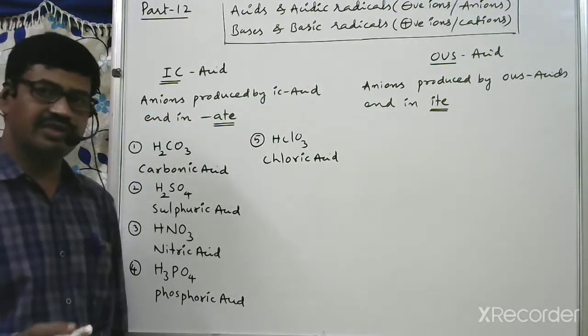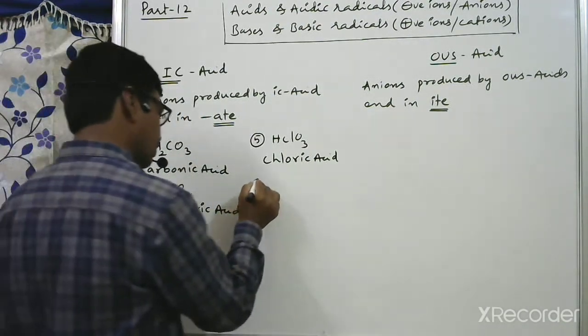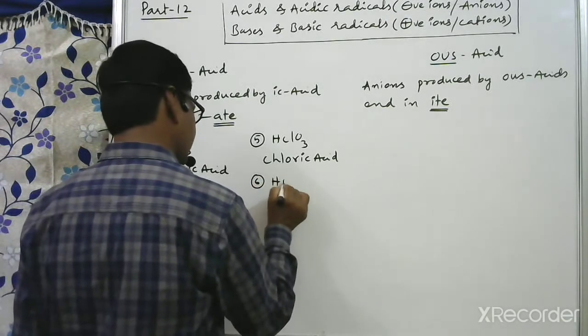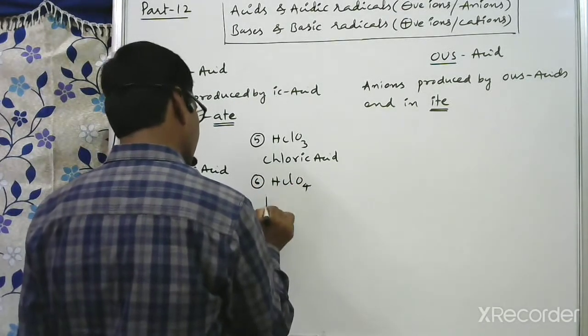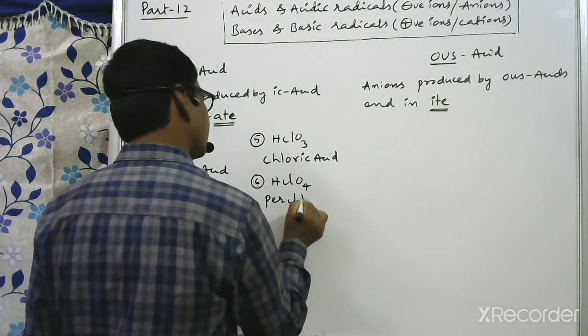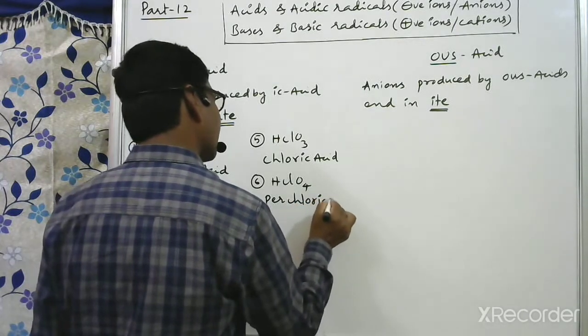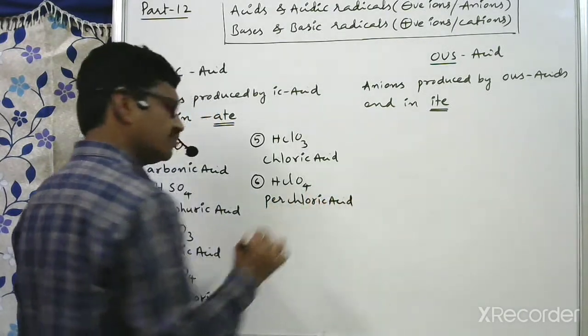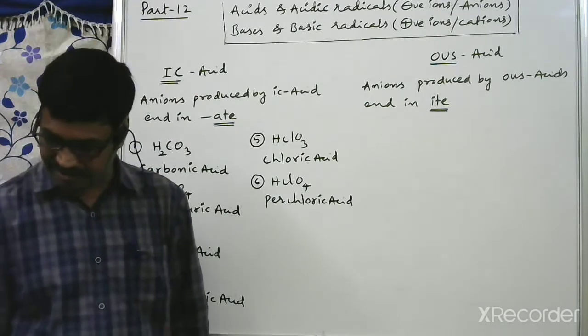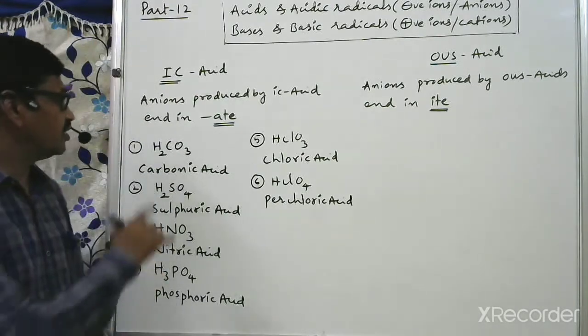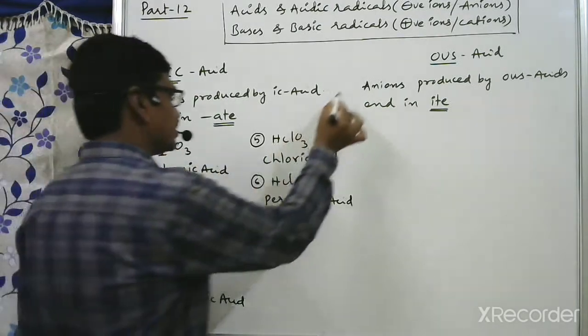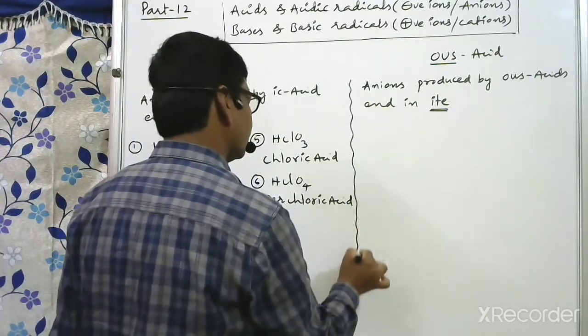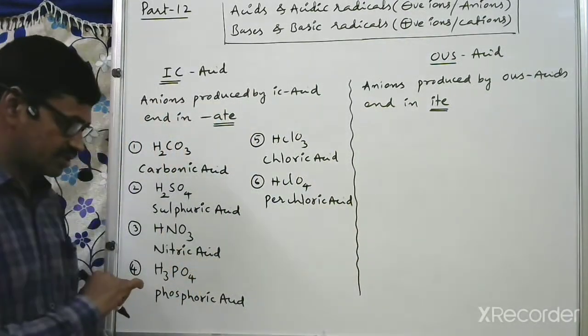Like this we can write many. HClO4 is perchloric acid. Like this we have many acids. All these are related to ic acids. We should know the names and their formulas.